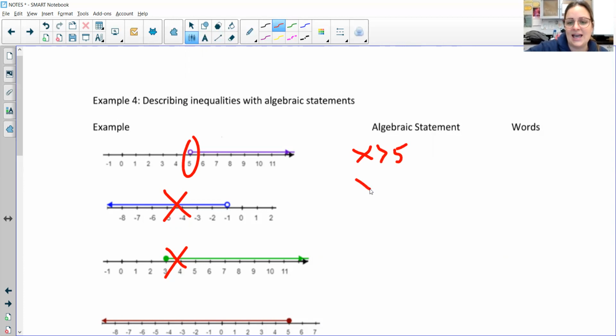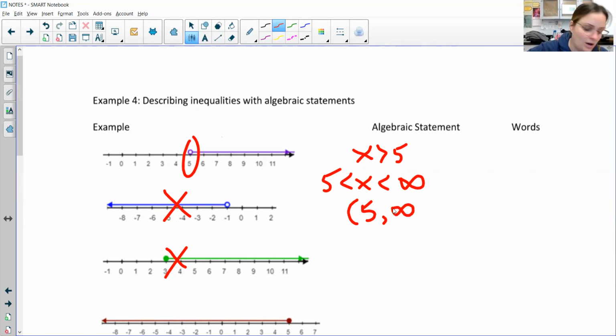You can see it as x is greater than 5 and all the way to positive infinity. Or you can see it represented as 5, and then a comma and then infinity. It always has a curved bracket because it never actually equals infinity, because infinity just keeps going. That's the whole point of infinity.